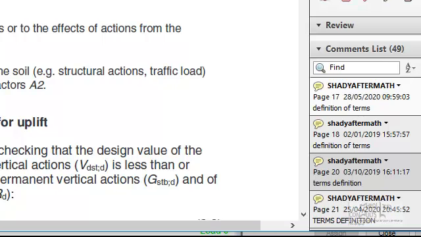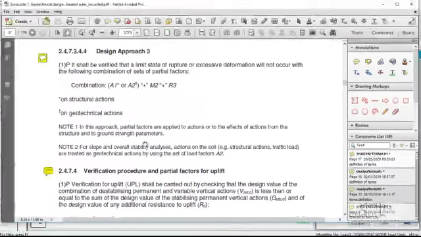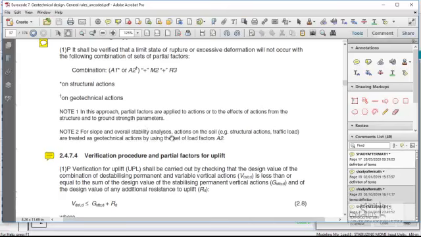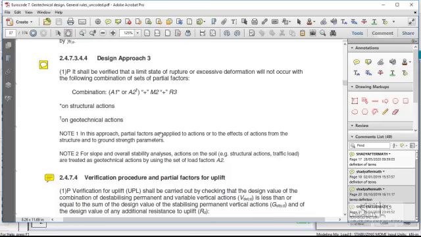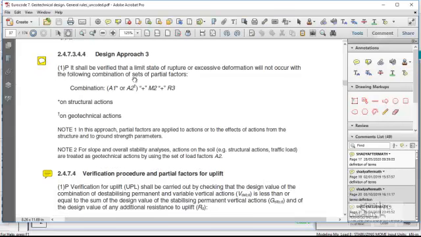So we want to check stability against sliding. It shall be verified that a limit state of rupture or excessive deformation will not occur with the following combination of sets of partial factors.